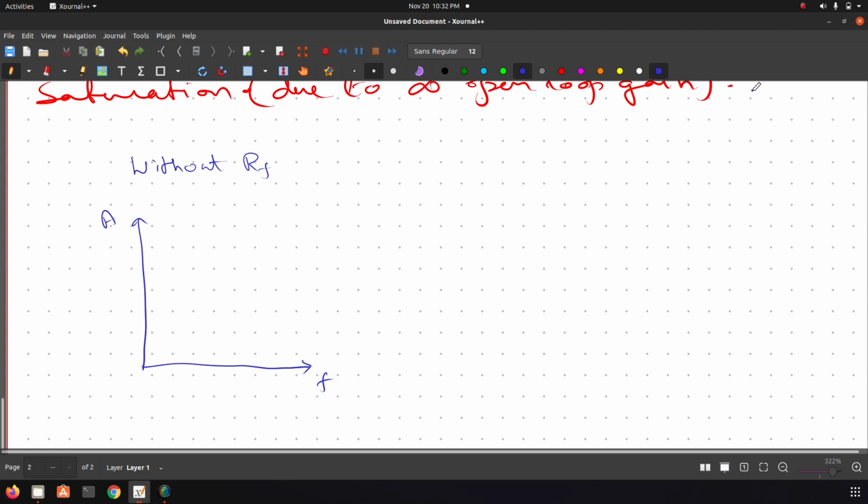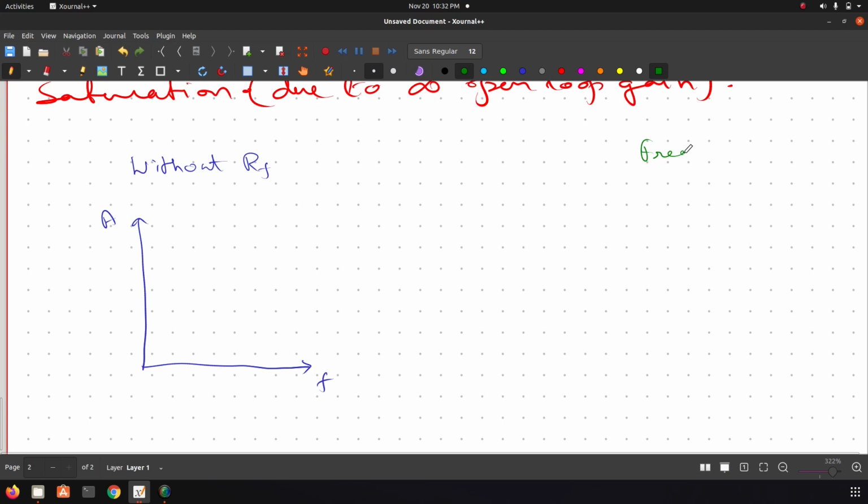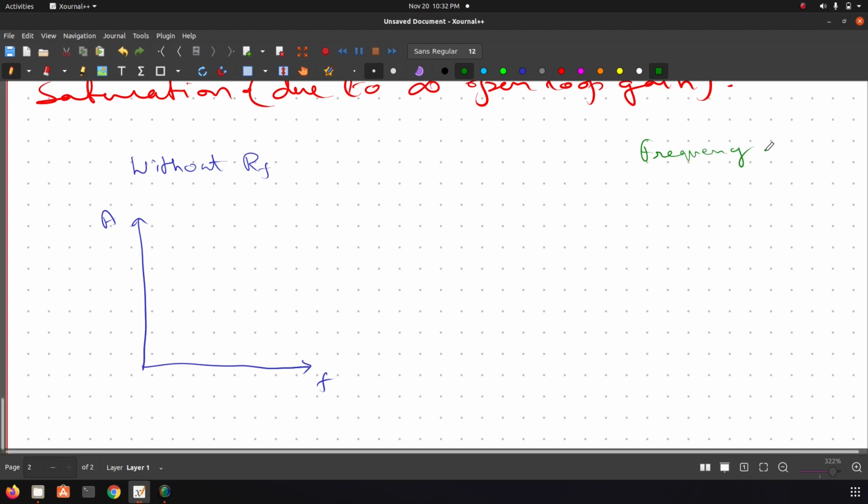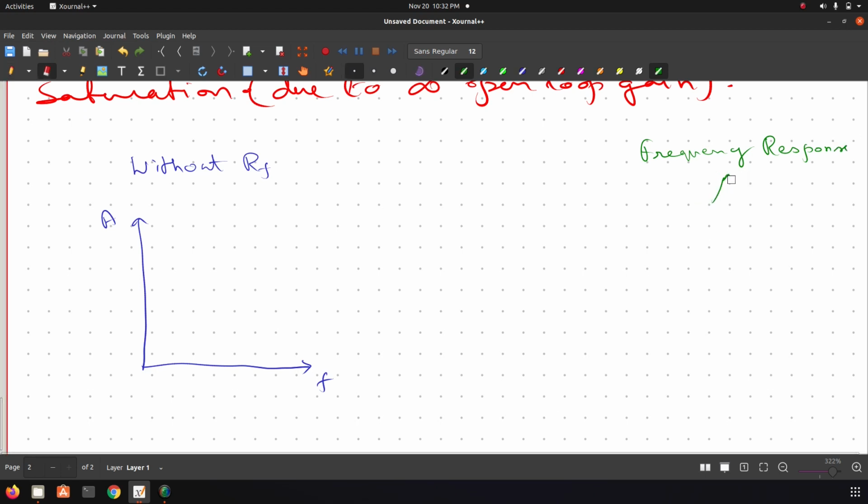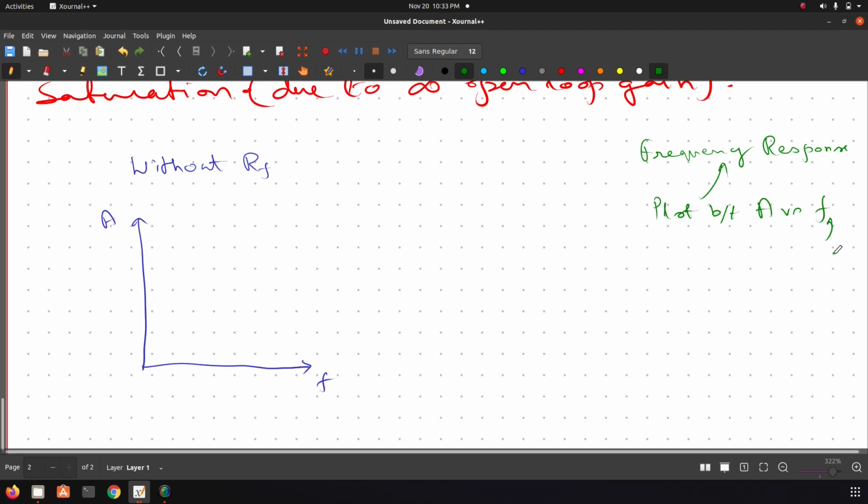It is nothing but a plot of gain versus frequency of input. So without RF, let's see what the gain will be.